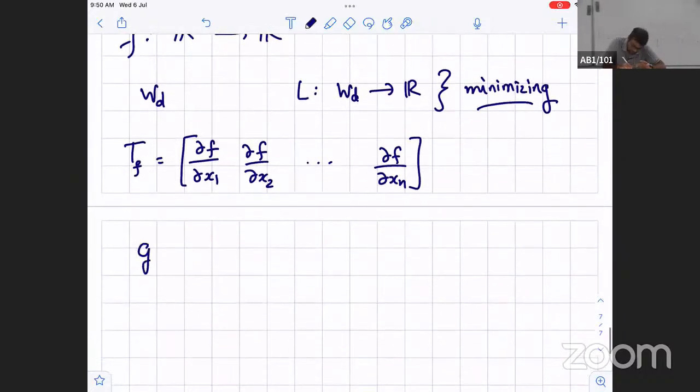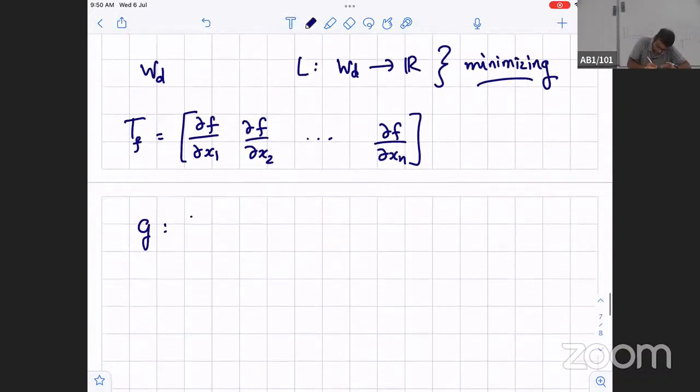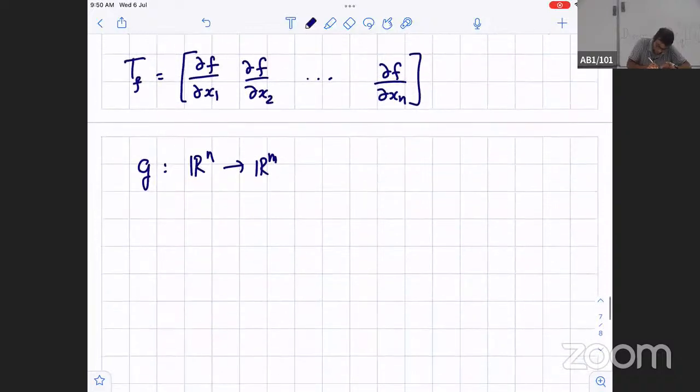For a function g from Rn to Rm, you can think of it as m different functions G1 to Gm.